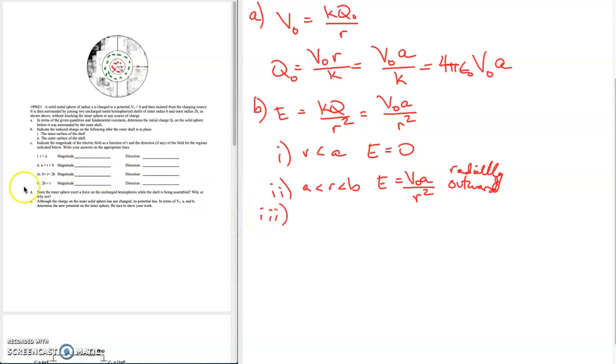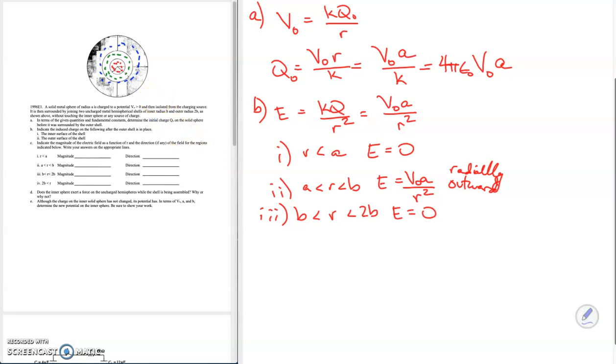All right, 3. Now let's change colors again. We'll do blue. Inside that conductor, inside all conductors, the electric field is going to be 0. This is always going to be the case for electrostatics. The electric field is 0.